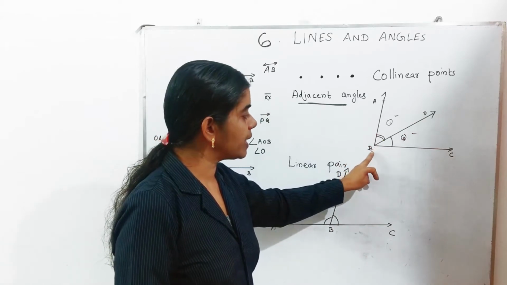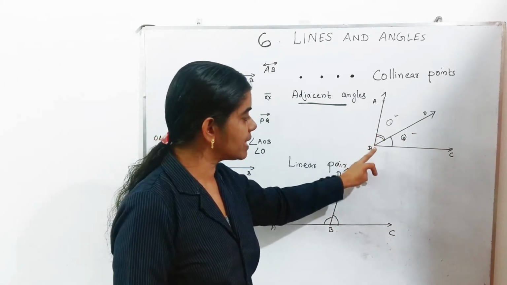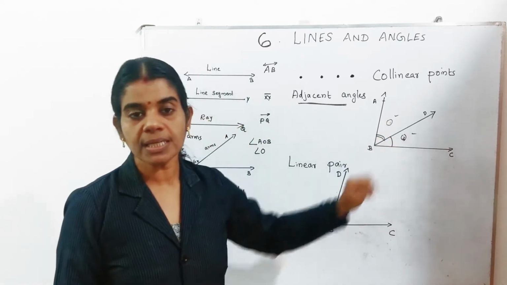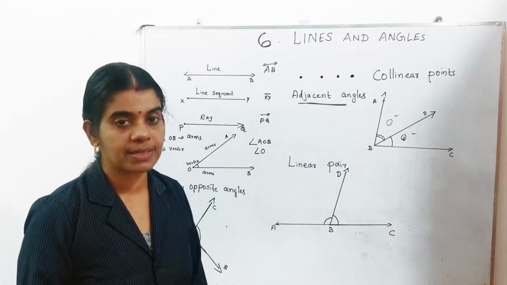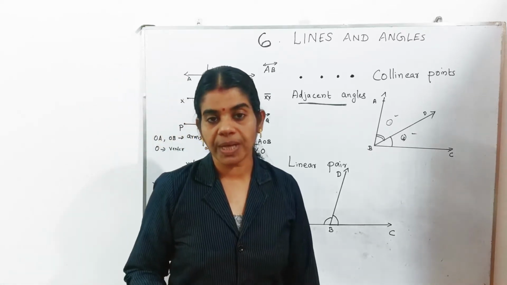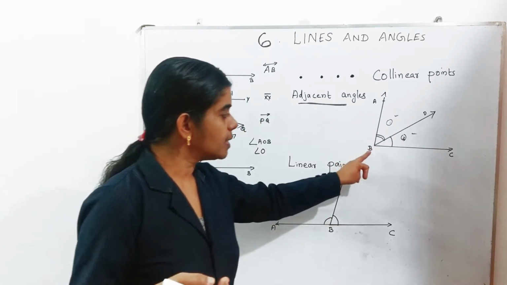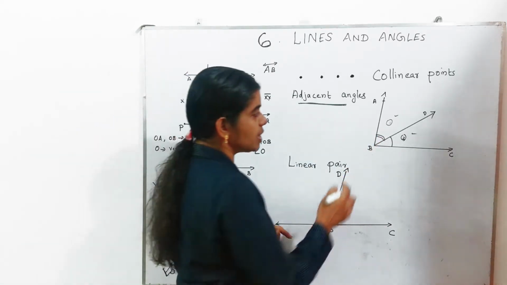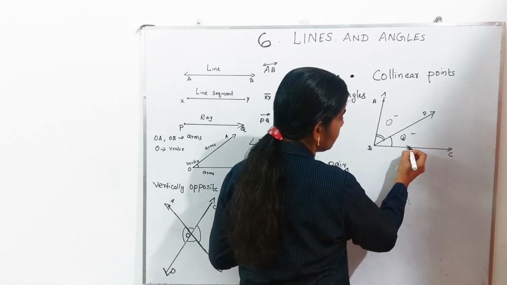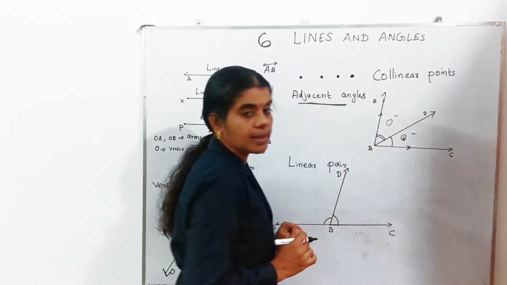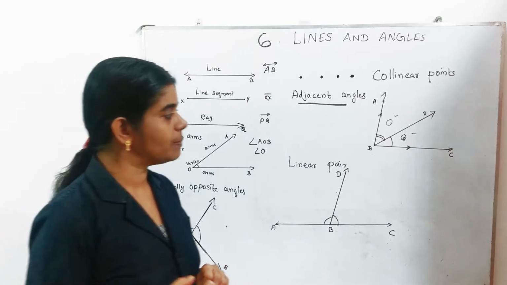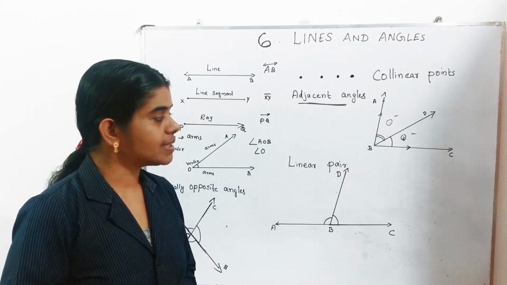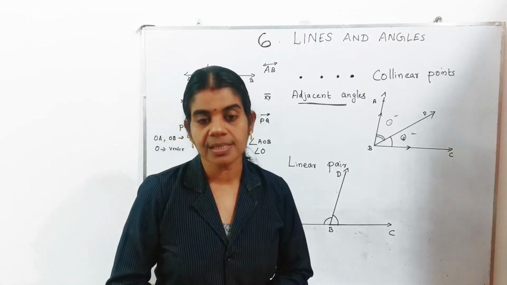And they must have a common vertex. What is the common vertex here? B. B is the common vertex for both angle 1 and 2. What was the first condition? Both angles should have a common arm. Then both angles should have a common vertex. And which are the non-common arms? BC and BA are the non-common arms, and they will be on opposite sides of the common arm. Clear? What are the conditions for two angles to become adjacent angles?